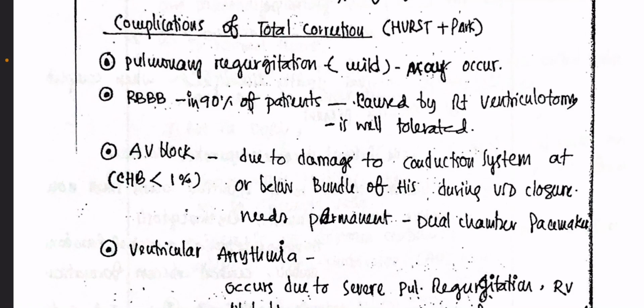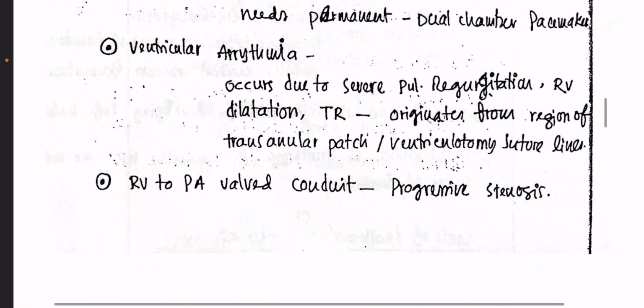It needs a permanent dual chamber pacemaker. Ventricular arrhythmia occurs due to severe pulmonary regurgitation, RV dilatation, tricuspid regurgitation. It originates from the region of the transannular patch, ventriculotomy, suture lines. RV to pulmonary artery valved conduit: progressive stenosis.